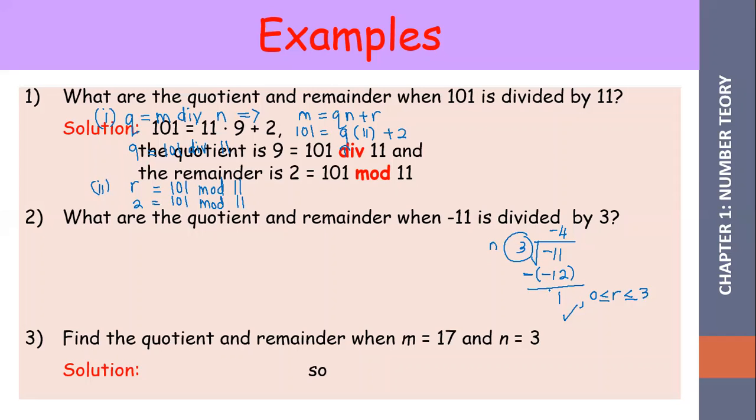Okay, if you choose the wrong quotient, then it leads to the wrong remainder for sure. For example, let's say you choose negative 3. Students tend to choose negative 3 because they don't understand this concept.